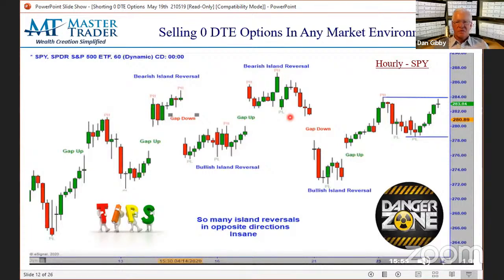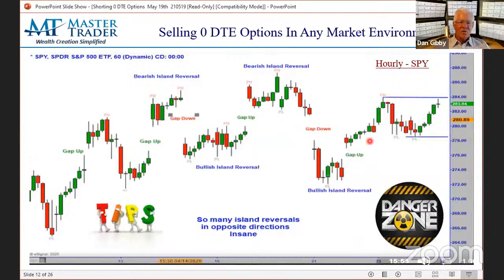This is something you put together, Greg, one time when things were just crazy. This is an hourly chart. They were just gapping up and down and up and down, and it would make you crazy how to day trade this even.